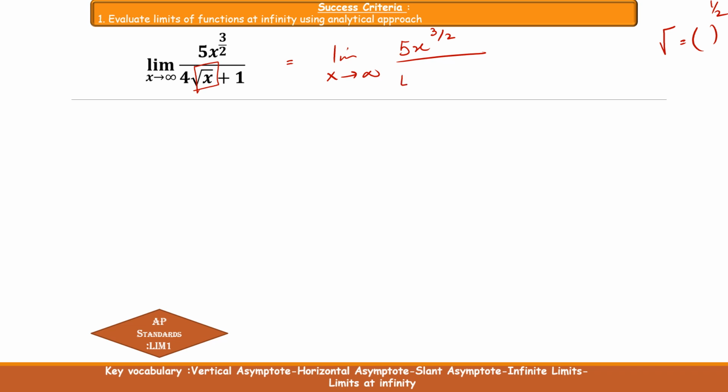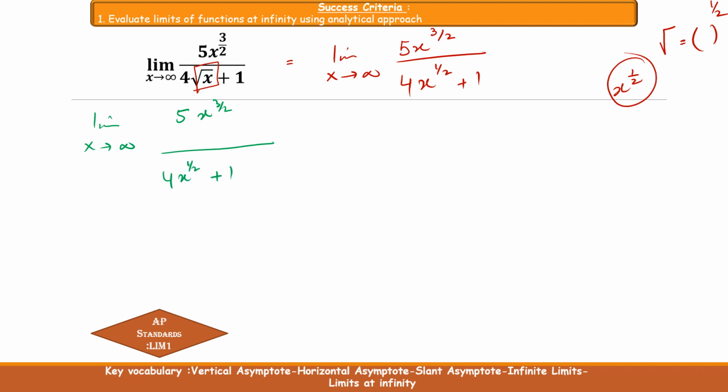So we have 4x to the power of half. Now focus on the denominator and write the variable with the highest degree of denominator. So that is x to the power of half. Now after that, divide the whole equation by x to the power of half. So I am first writing the question as it is.